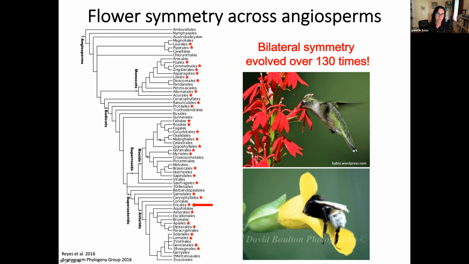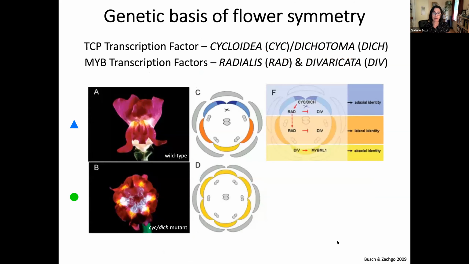And I'm going to be talking about a model plant that occurs in the asterids that's been used to identify genes involved in flower symmetry. And this model plant is snapdragon, which occurs in the Lamiales here, which is a later diverging lineage of asterids. And in snapdragon, it's a model plant. It's amenable to knocking down genes and creating mutants and figuring out what these genes' functions are in the plant.